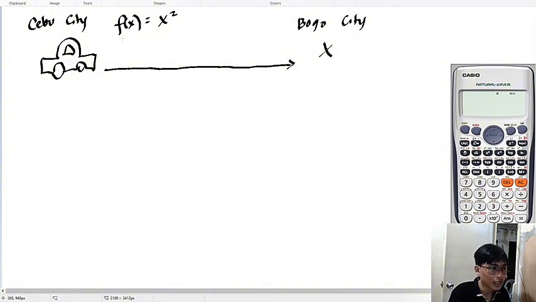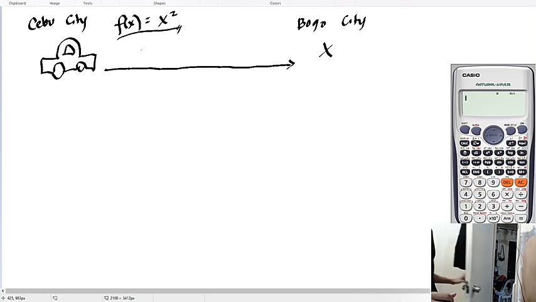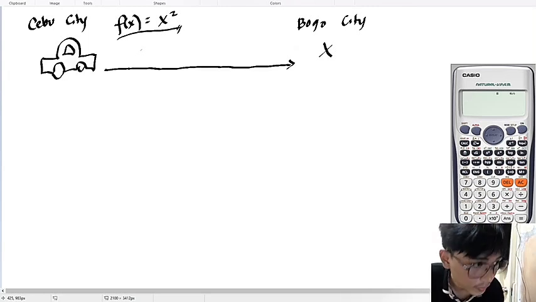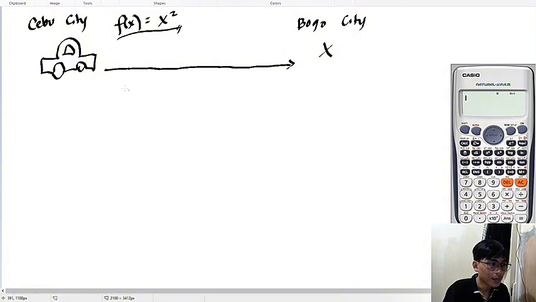I mean, it is also a function, so if you have a function, from rest at 0 hours, it arrives in Bogo City after 9 hours.